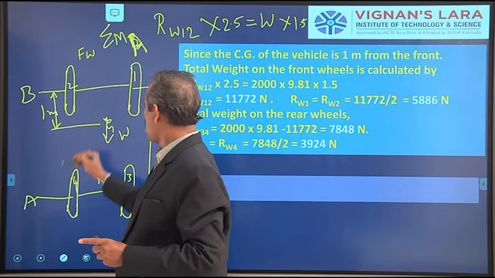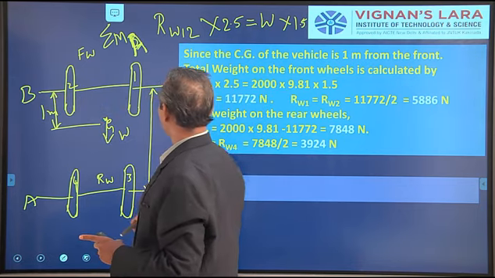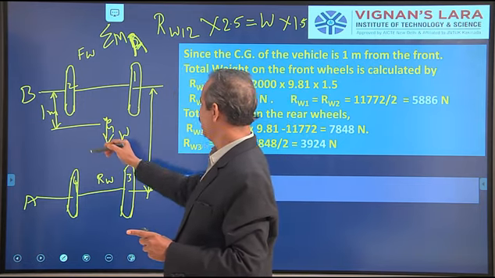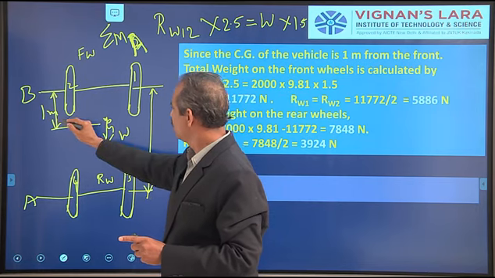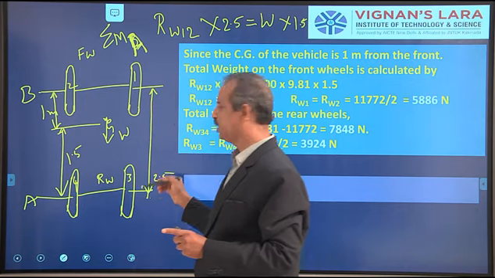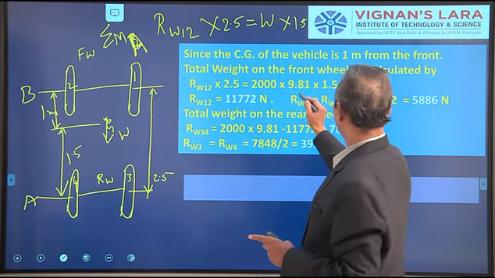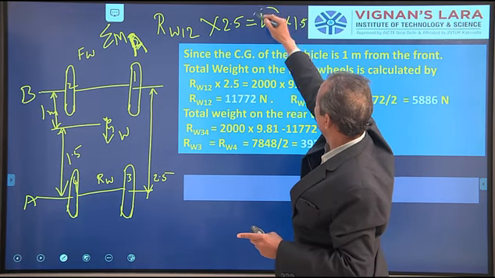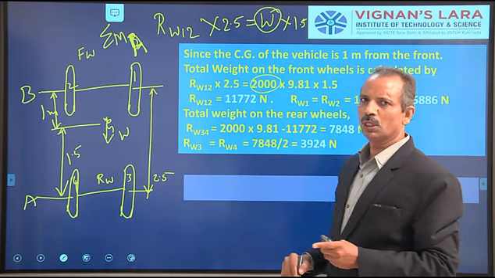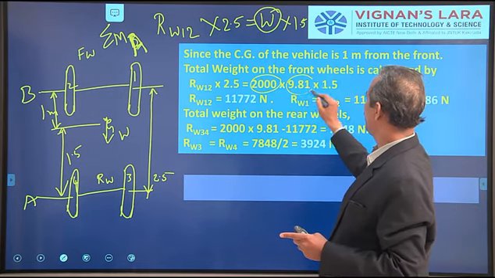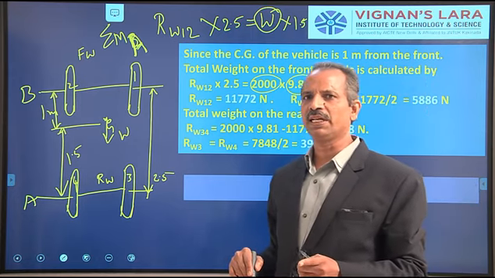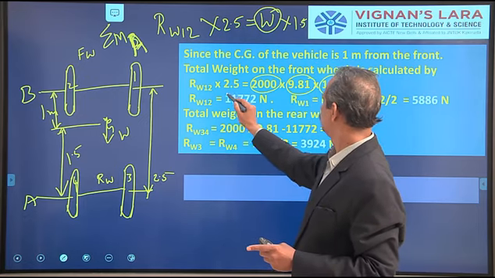Here, 1 means what? This value is 1.5, because the total is 2.5. W can be written as mg. The mass is given for the vehicle as 2000, g is 9.81, and 1.5 is already there. By substituting that, first I get RW12.